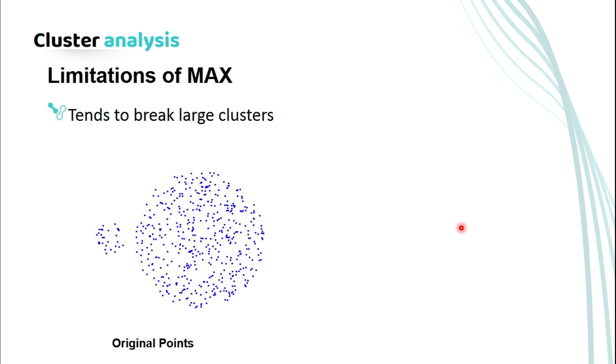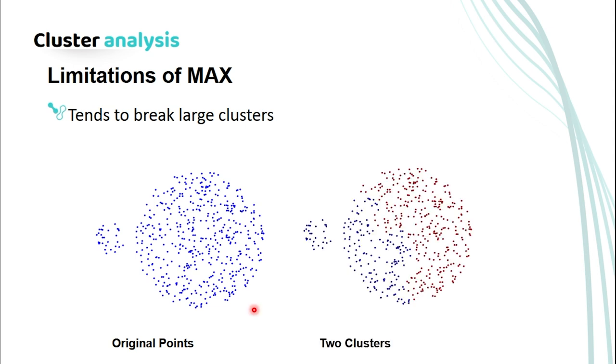But the limitation of max is that it tends to break large clusters. Here we can see two clusters, one very small and the other large. If we use max, we will break the large cluster into two clusters.